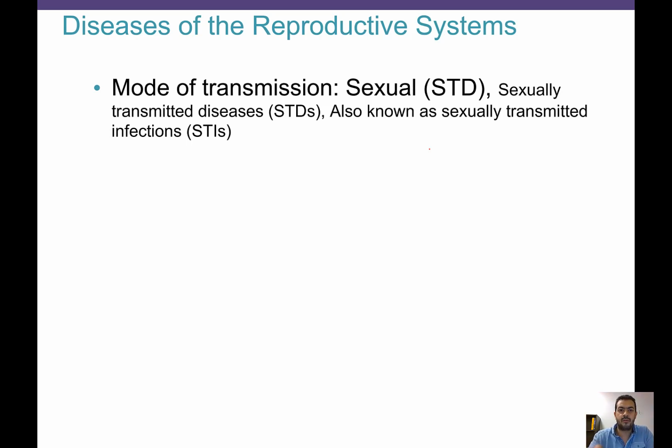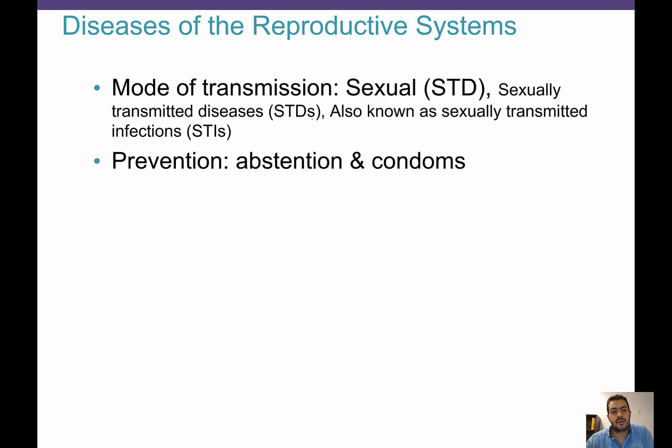At the beginning, they were using the term sexually transmitted diseases, STDs, and then since many of them don't develop symptoms, they have replaced this term with sexually transmitted infections, because this describes it in a better way than being a disease. It's actually an infection. Then, as you can see, how can we prevent them? By abstention and by using condoms.